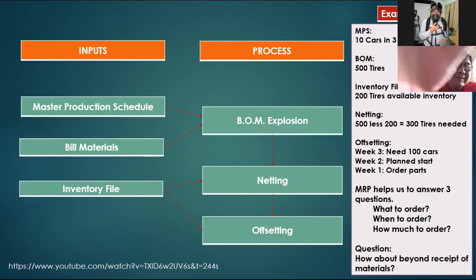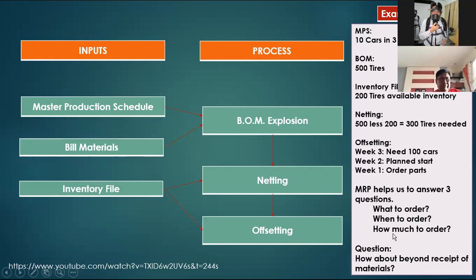And for example, you know that if you order today, your orders will come after 1 week. So we schedule it in such a way that it is sequential so that we can attain the 100 cars ordered. For example, in our MPS example, we can attain those 100 cars in week 3. So MRP helped us answer these 3 questions: what to order, when to order, and how much to order.